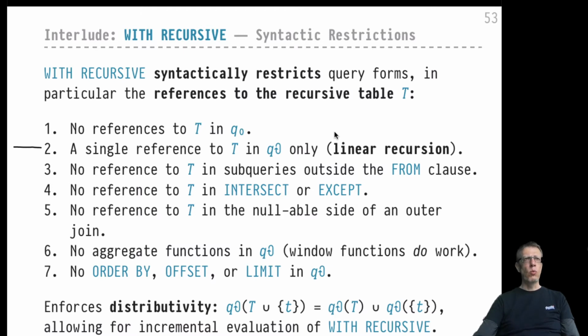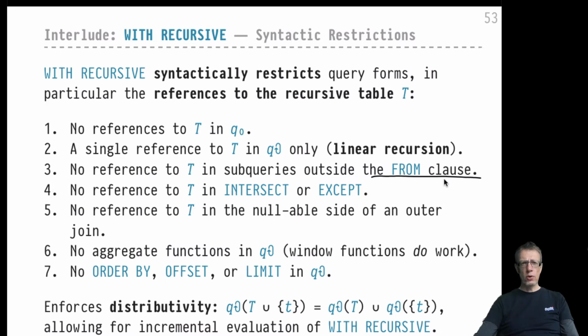We may not refer to T in subqueries. Subqueries inside the from clause are okay, and references of the recursive table inside a subquery in the from clause would be fine.